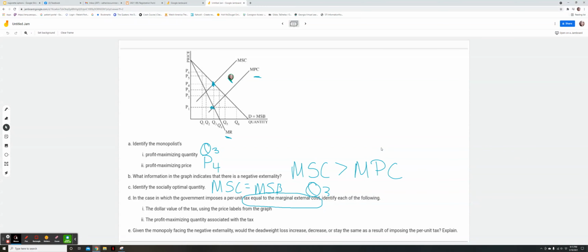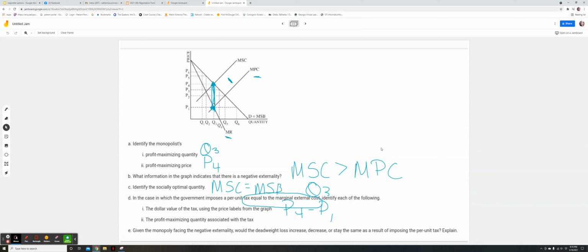Think about taxes: the amount of the tax is represented by the vertical distance between those two supply curves. So that is why the dollar value of the tax is P4 minus P1. That's the vertical distance between those curves.